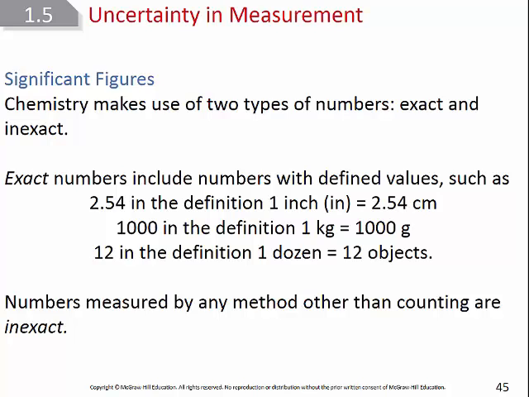However, if time is defined by a measurement, such as a day being how long it takes for the Earth to rotate on its axis, that's about 24 hours, but that's actually a measured value, not a defined value. So whether time is defined by a measurement or by an occurrence like the Earth rotating or orbiting around the sun will tell you whether it's exact, such as 60 seconds in a minute, or inexact, such as 24 hours in 1 day.